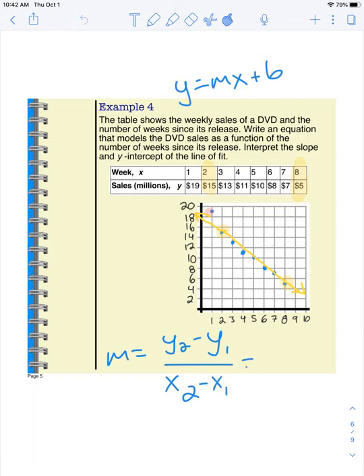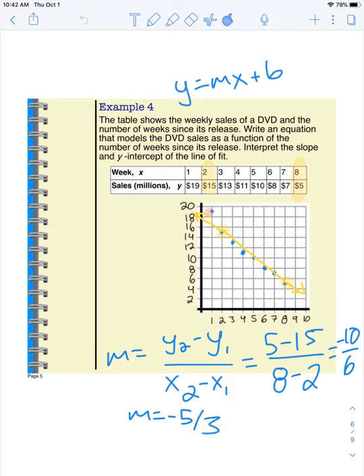So I'm going to plug in those points, and I have 5 minus 15 over 8 minus 2. 5 minus 15 is negative 10, 8 minus 2 is 6. So my slope is negative 10 over 6, or I can simplify that to be negative 5/3.